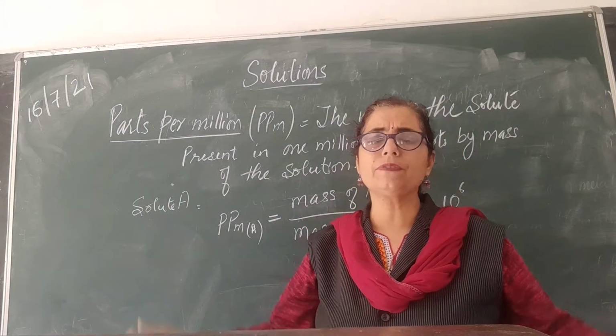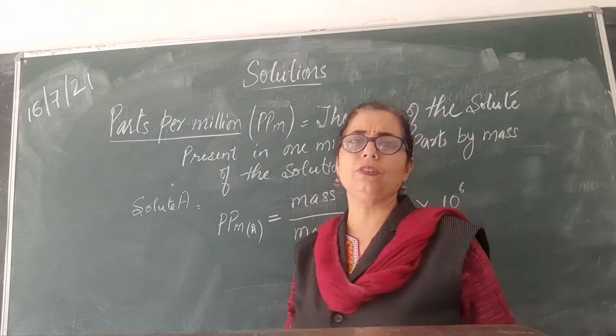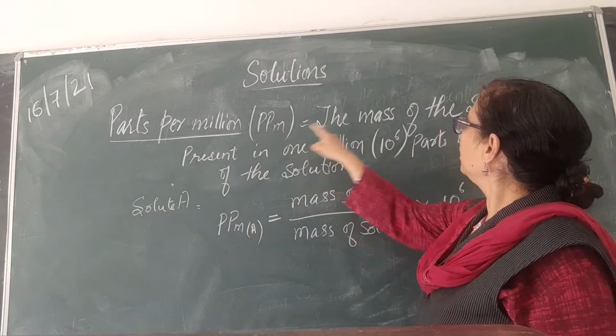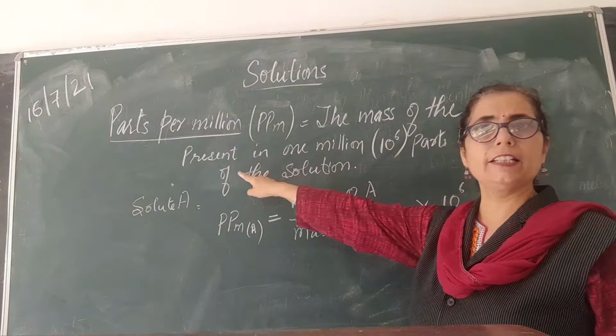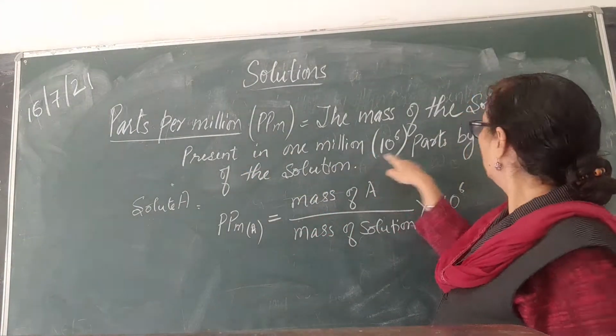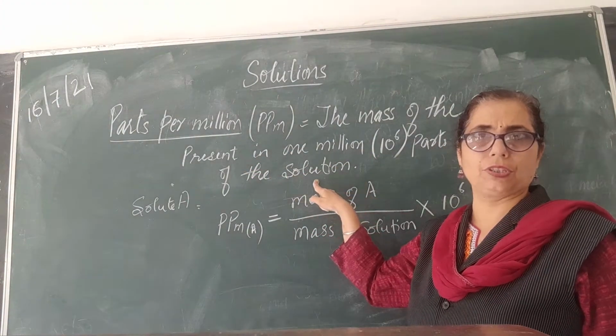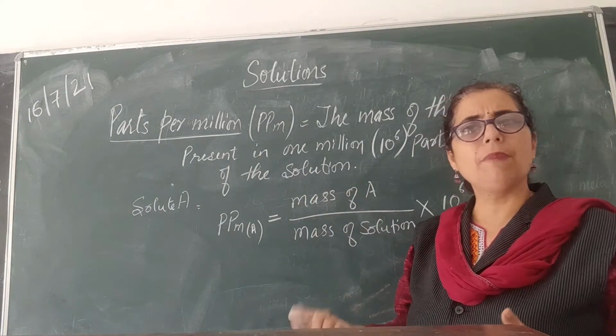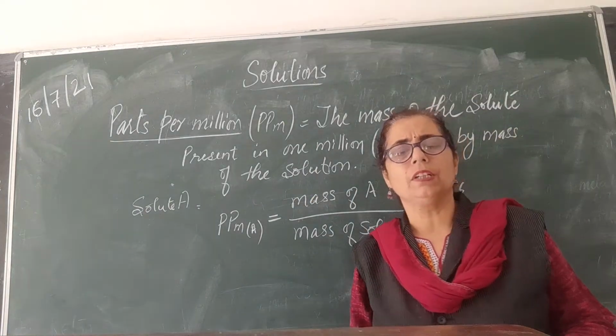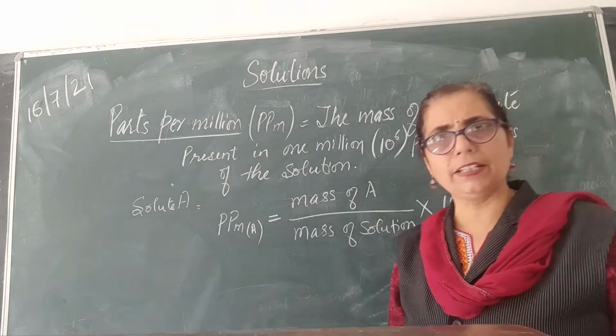So this is the mass of the solute present in millionth parts by mass of the solution. It can be expressed in mass and can also be expressed in volume, depending on what we are finding out.